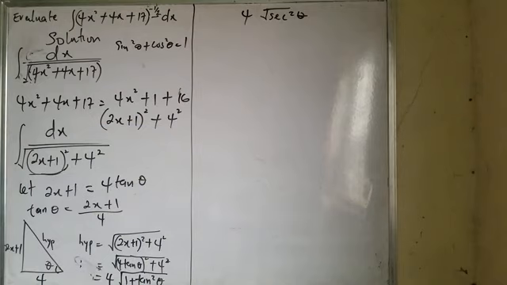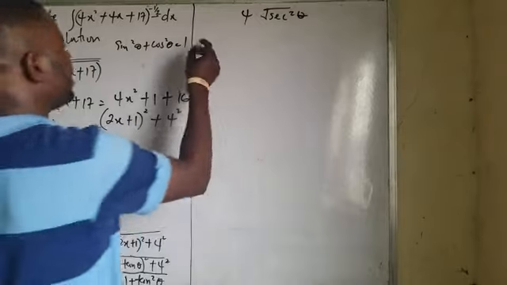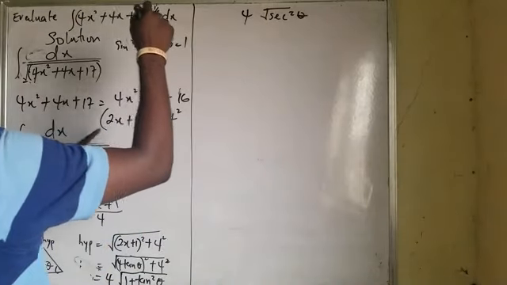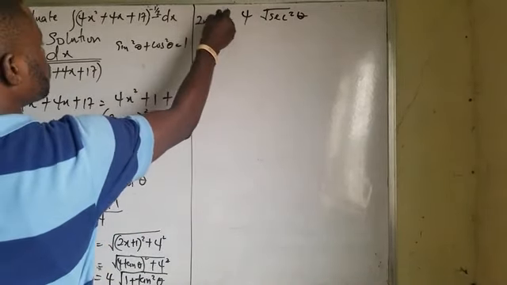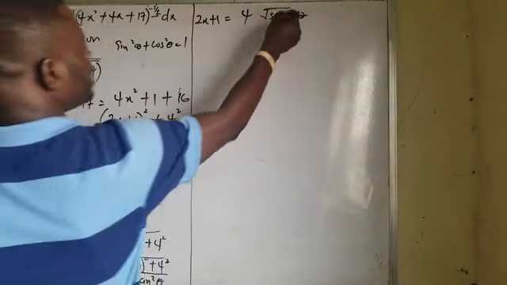Now, since I have that as sec square theta, it means 2x plus 1 equals that, which we cancel.